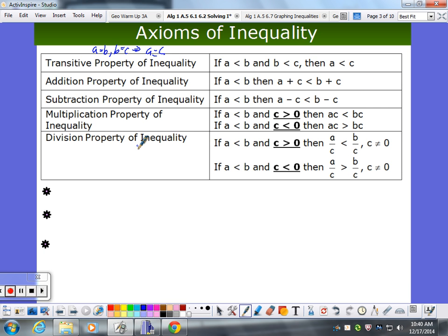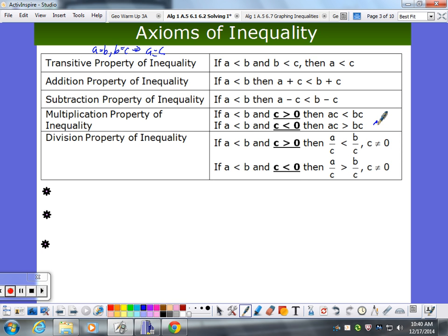Multiplication property and division are very similar, but there's one difference. So let's see if we can figure this out. If A is less than B, and you have a number C that's bigger than 0, then AC is less than BC, right? You just multiply it, it's still less than. However, if C is less than 0, what does that mean? It's a negative number. If you multiply both sides by a negative, see how this less than turns into a greater than?